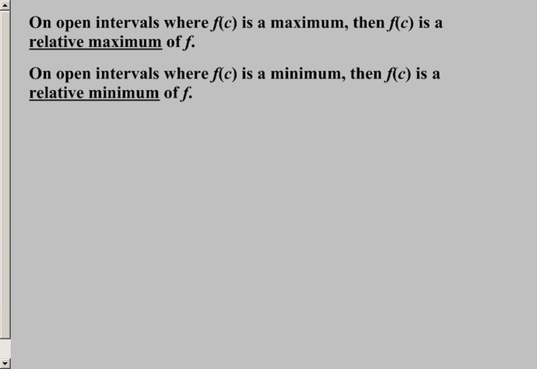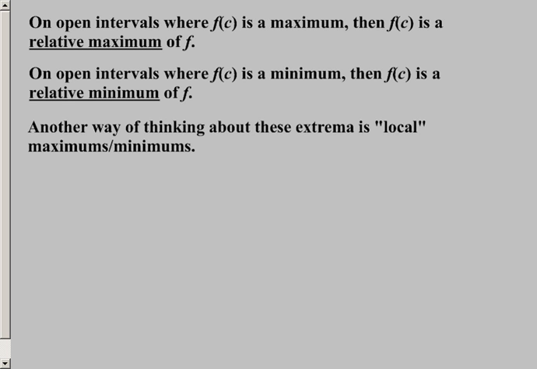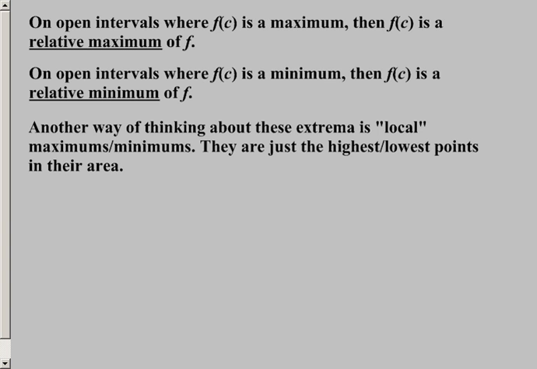Similarly, on an open interval where the function evaluated at c is a minimum, then f of c is a relative minimum of the function. So another way of thinking about these extrema is called local maxes and mins. And another way of thinking about that is just to say that they are the highest and lowest points within their immediate area of the function.